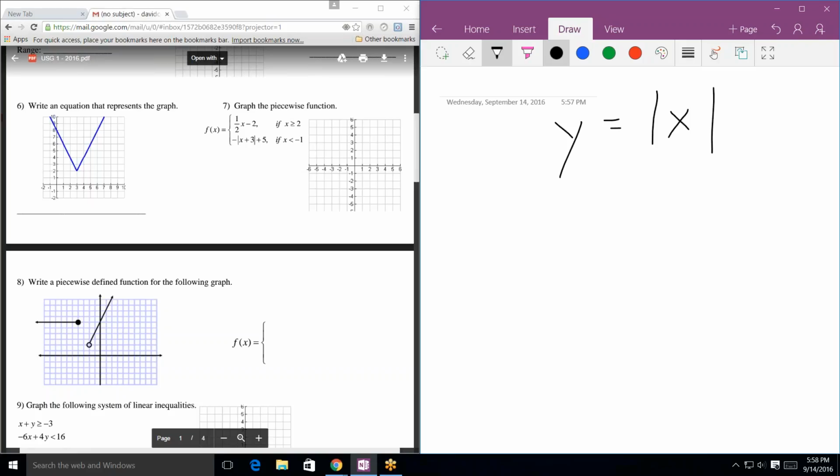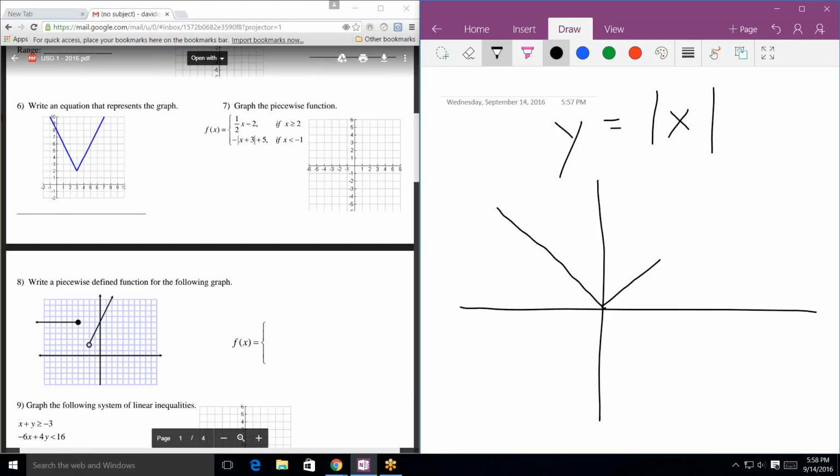So you can imagine that if I graph the parent function, it looks like this. What's the slope of these lines? What's the slope of that line? Would it be 1? 1 on the parent function. And the slope of the left side is -1.